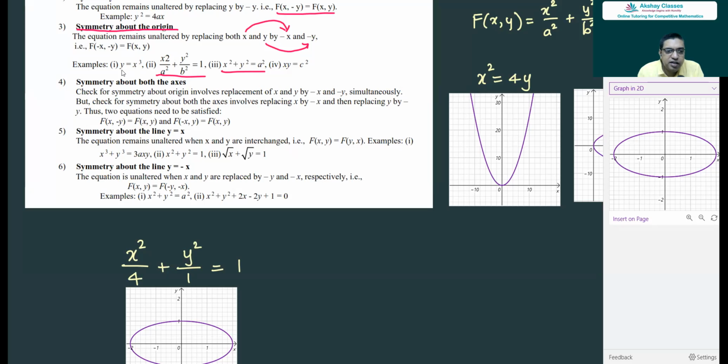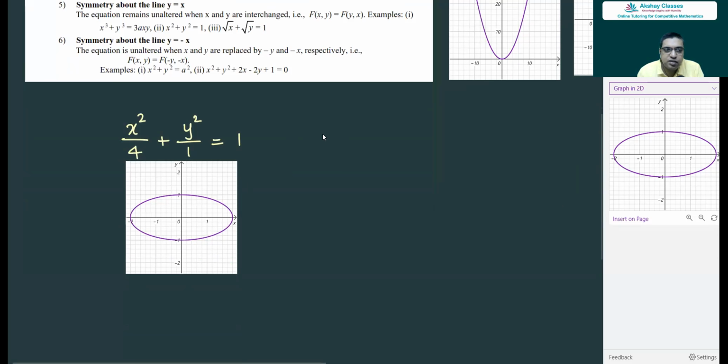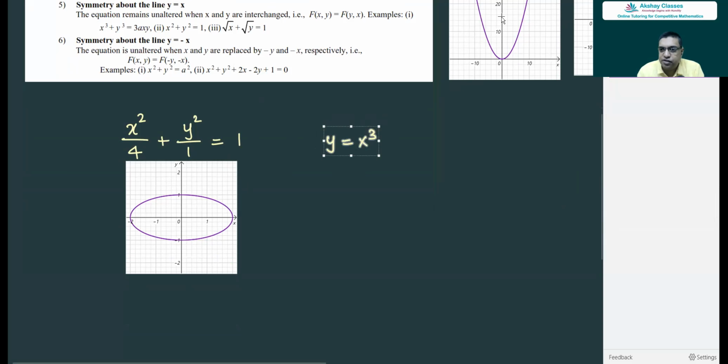Now look at this. These are individually not symmetric about any axis: y equal to x cube and xy is equal to c square. Y equal to x cube, this graph we have visited so many times. Although these are very simple graphs, sometimes we get difficult functions for which curve tracing will help.